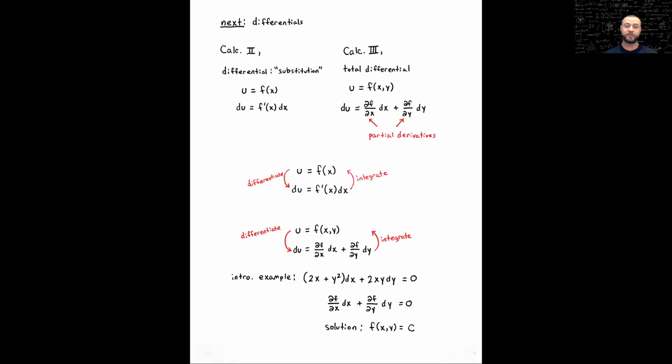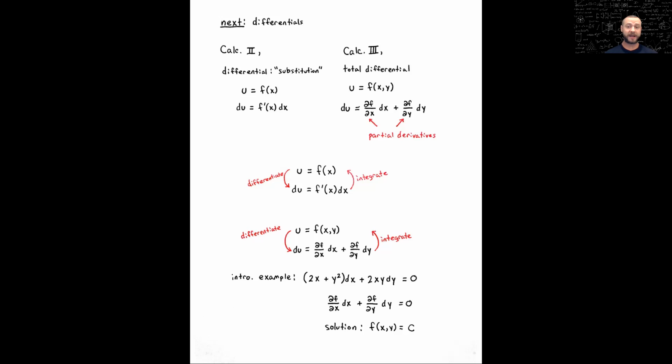What we want to be able to do is go backwards, undo the derivatives by integrating. So notice there, if we go backwards from the total differential, by integrating, we should get the function f of x comma y. And that is what we view as the solution to our ODE in differential form.